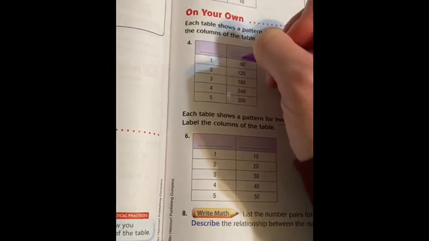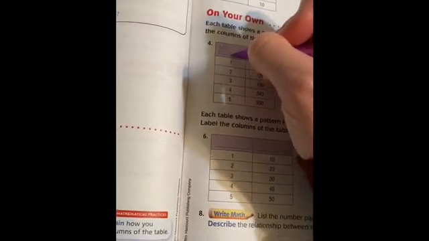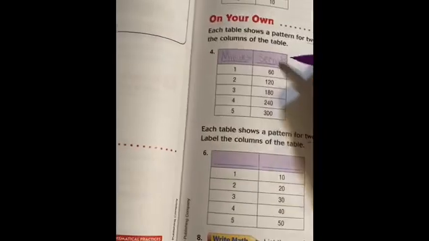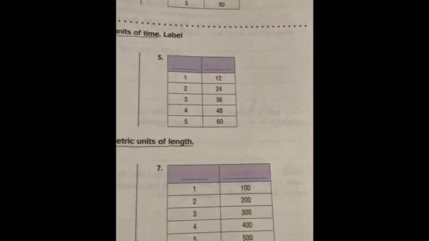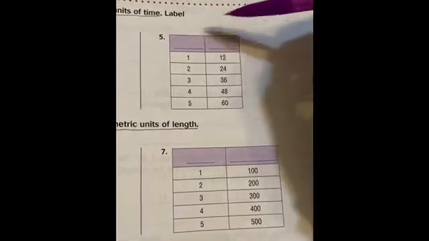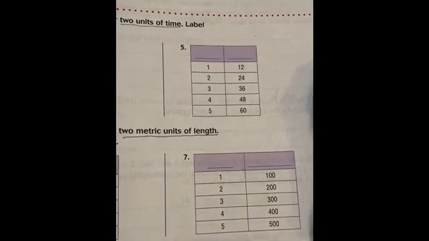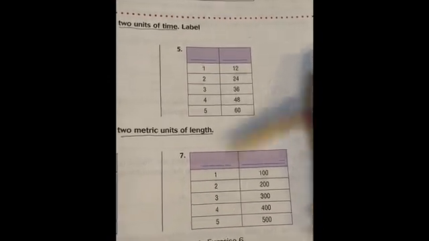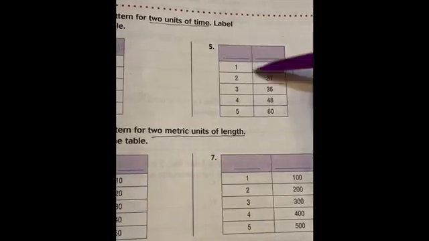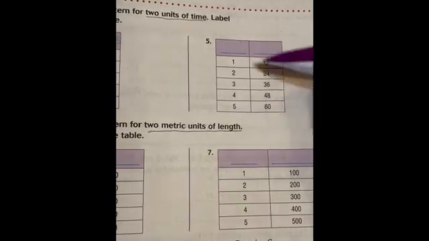I'm just going to do the seconds and minutes. But you could have done 60 minutes in an hour, so minutes and hour. Number 5, 1 and 12, 2 and 24. Units of time. Well, I know there's 12 months in a year, so months and year.